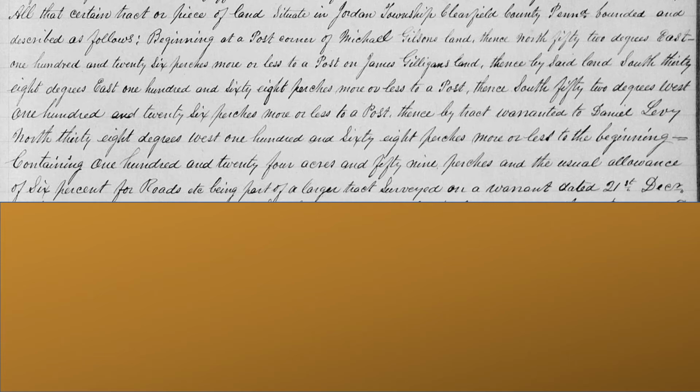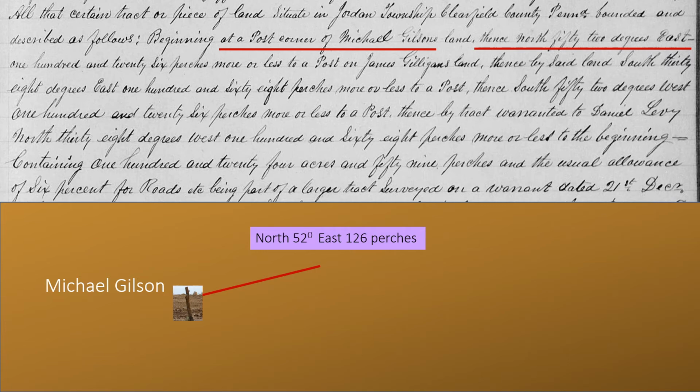Let's look at the description of this property. Beginning at a post corner of Michael Gilson's land, thence 52 degrees east, 126 perches. This means the line goes north at a 52-degree angle, going in an east direction for a distance of 126 perches, to a post on James Gilgan's land.